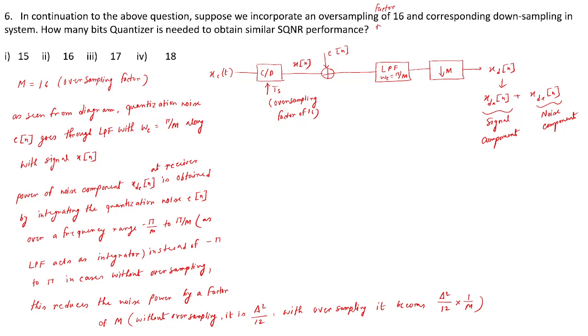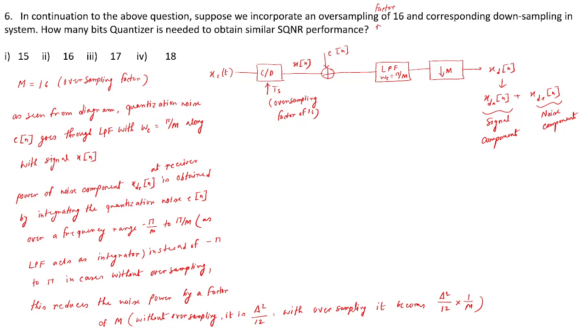So without oversampling, your integration ranges from minus pi to pi, but when you move to an oversampling zone, you have to employ this low pass filter, and the low pass filter acts as the integrator. So now you have to integrate over minus pi by m to pi by m, so the integration range reduces by a factor of m. So in a way, you can think that it allows the noise component present in minus pi by m to pi by m only, compared to the earlier case when it allows the noise power from minus pi to pi.